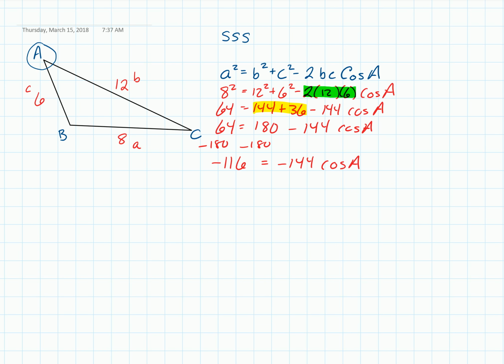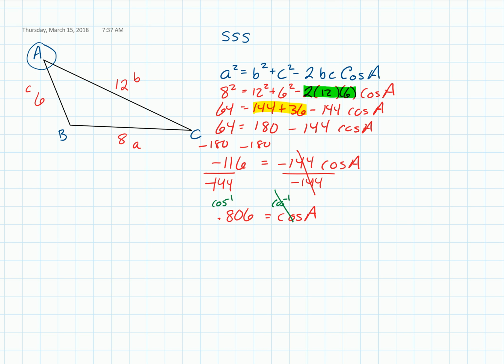From here, I'm going to divide by negative 144 in order to cancel here. A negative divided by a negative is going to be a positive. So 116 divided by 144 is going to be 0.806. So 0.806 equals the cosine of A. The last step will be to take the inverse cosine of both sides.